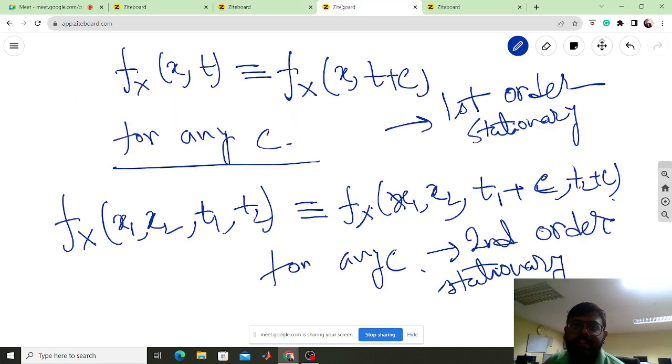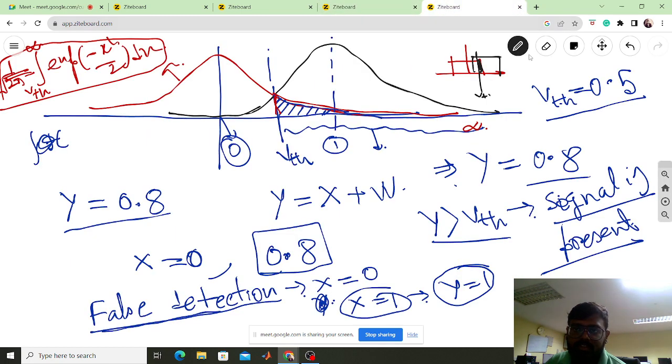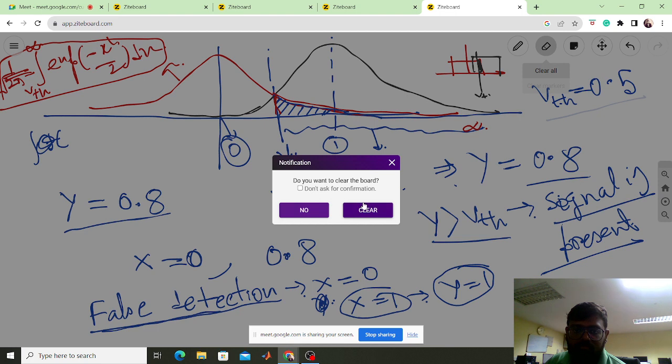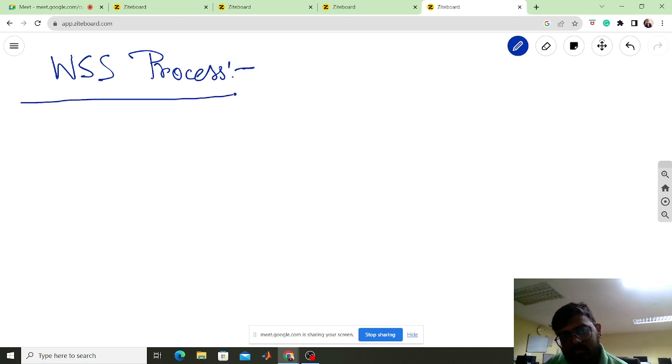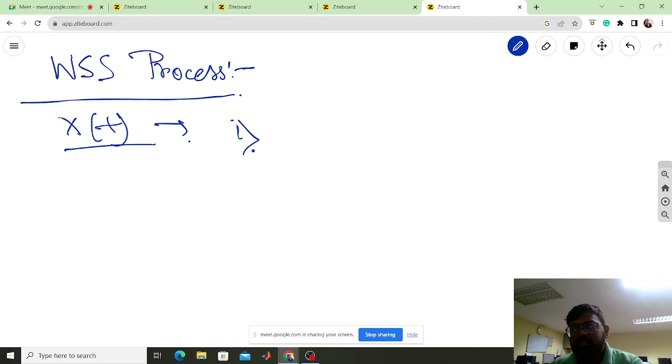And for wide sense stationary, we are just writing it. For a WSS process, if X(t) is the random process, two conditions have to be satisfied.